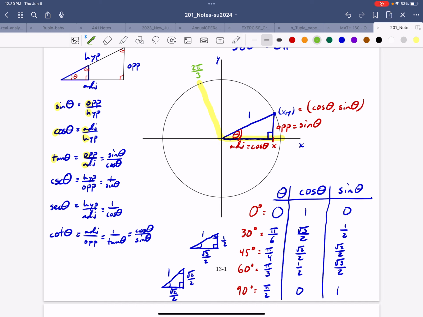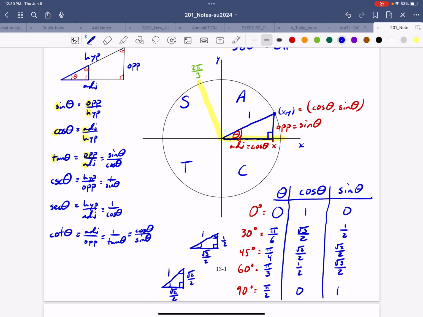Well, it turns out, if you just think of the cosine as the x-axis and sine as the y-axis, everything is positive in this first quadrant: sine, cosine, and tangent. Here, y-coordinates are positive, but x-coordinates are negative, right? So only sines are positive here. Both x and y coordinates are negative here, so only sine over cosine, tangent, is positive here.